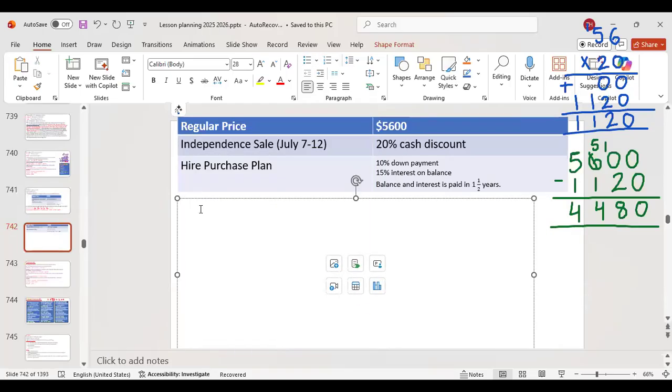All right, so Mr. Smith bought the same set on July 15th using the hire purchase plan.